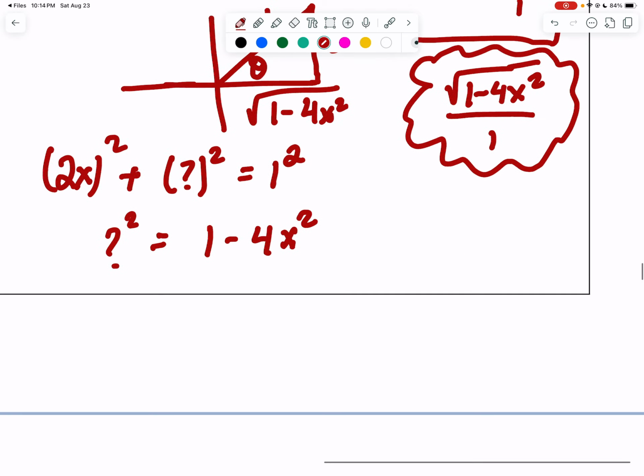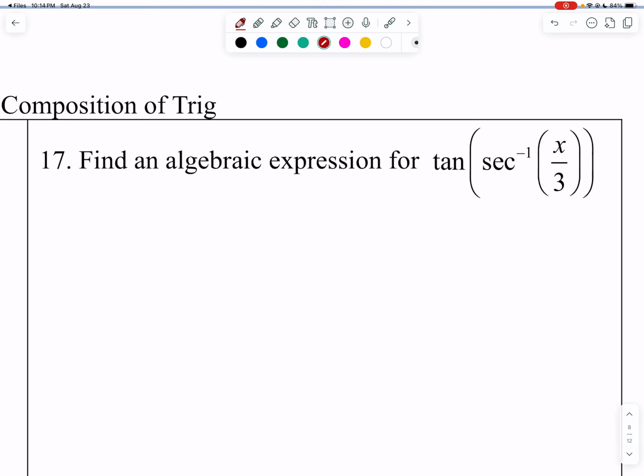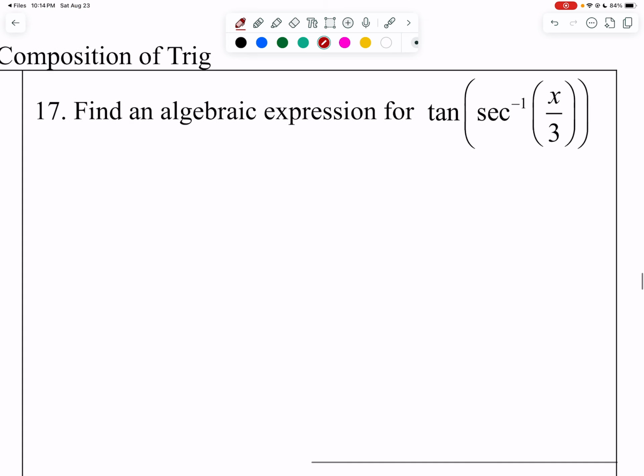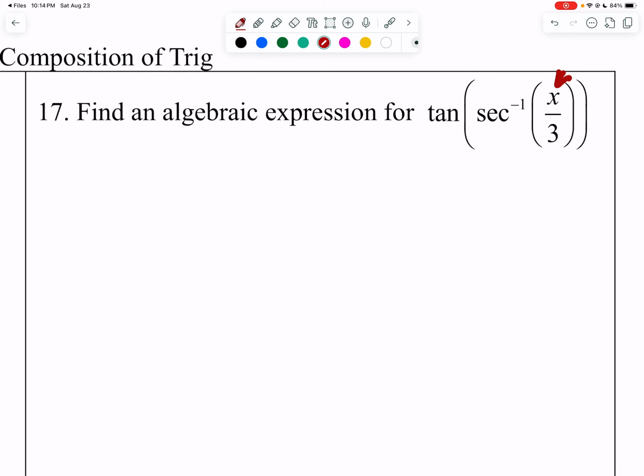All right, looking at, let's say, 17 now, we have a fraction, so that's good because I know what my, let's see, this is cosine. So I know what my hypotenuse is, and then I know what my adjacent is.